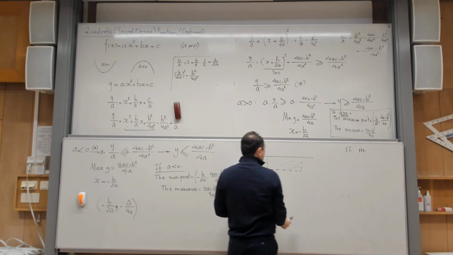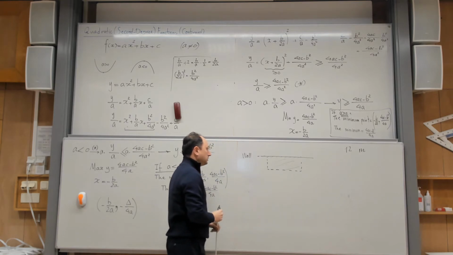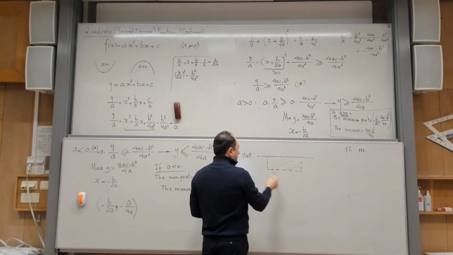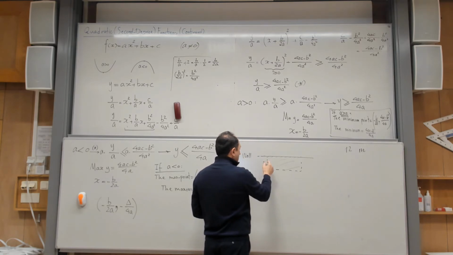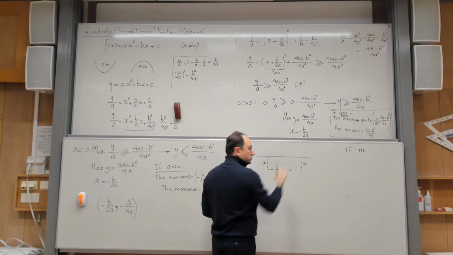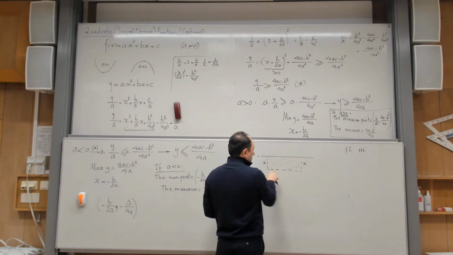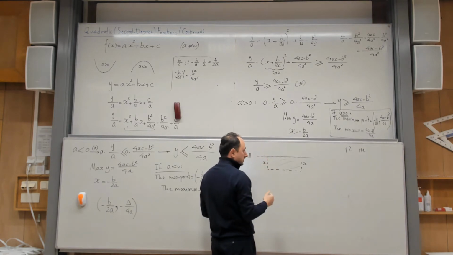So we can imagine this is the way that we fence it. Then I would say this is a rectangle. If I call this x, this becomes also x. And then this one I don't know, it might be the same value of x if your intuition is correct.